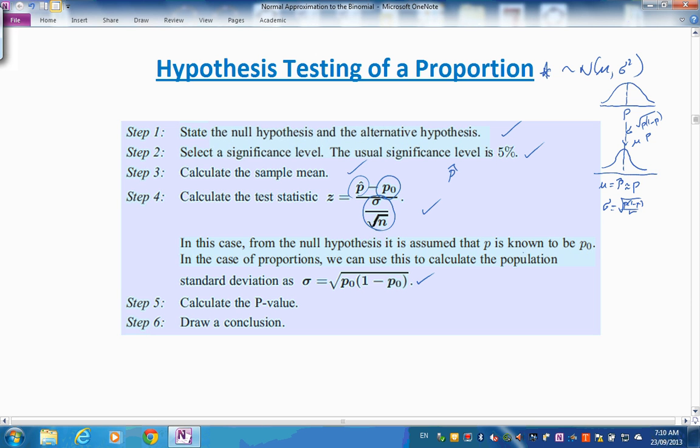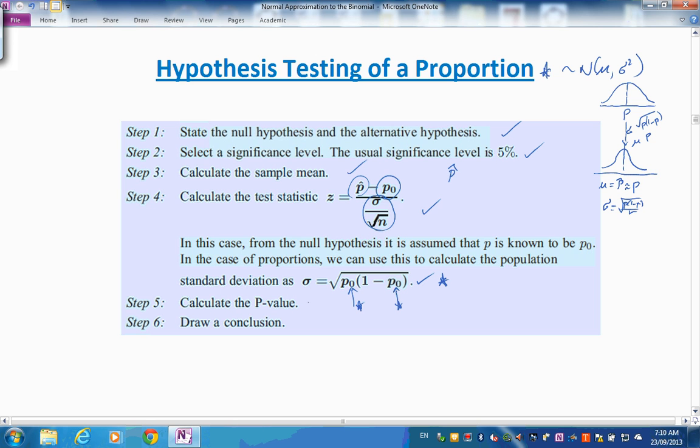The sigma of the original population is, and we'll be using in here the proportion under the null hypothesis. Notice the null hypothesis gives us a proposed proportion from which we can calculate, consistent with that, a sigma. Unlike with the means testing, we don't need a proposed sigma for the population proportion. The initial proportion proposal enables us to calculate the population standard deviation consistent with that.